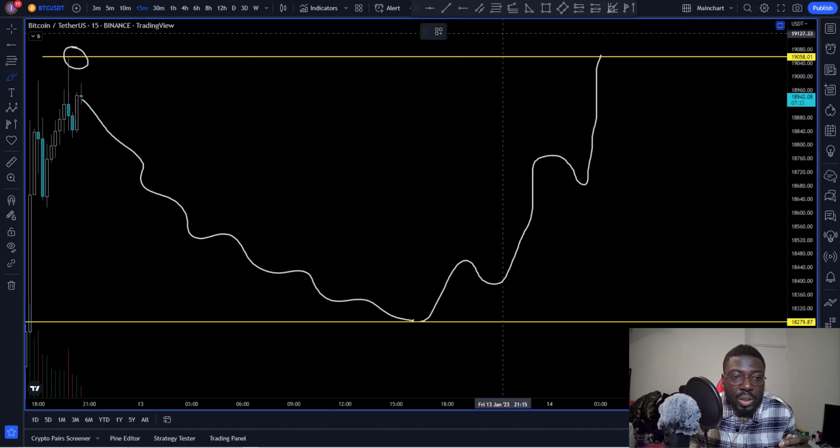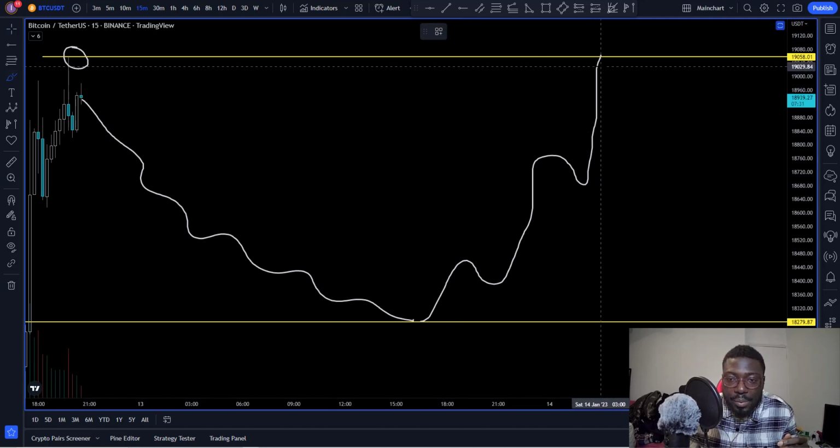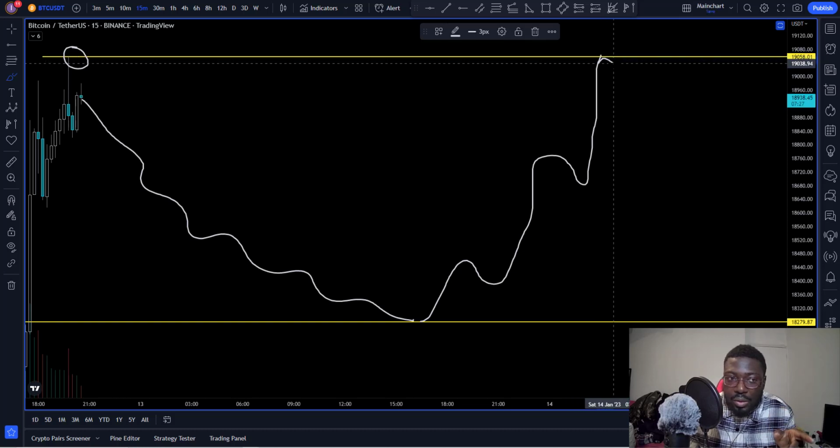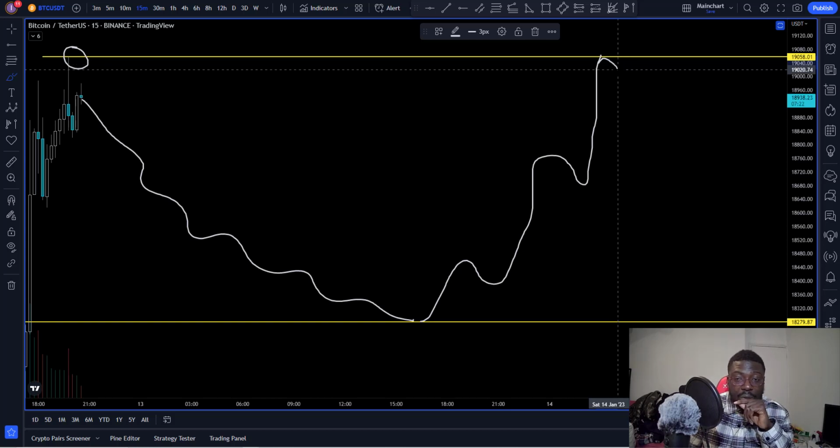And what the market usually does is that maybe we came back here and start to come down without taking out that high. A lot of people will try to short this particular high now because the market seems like it wants to come down.